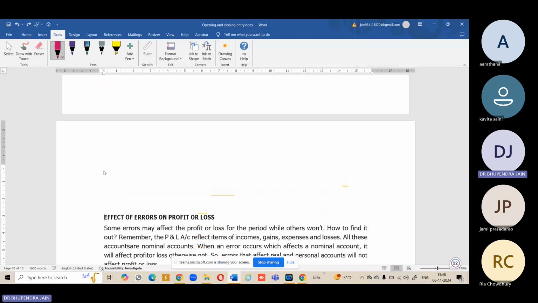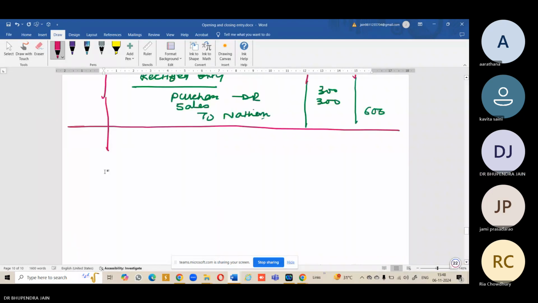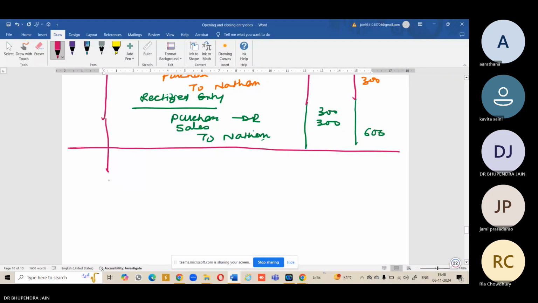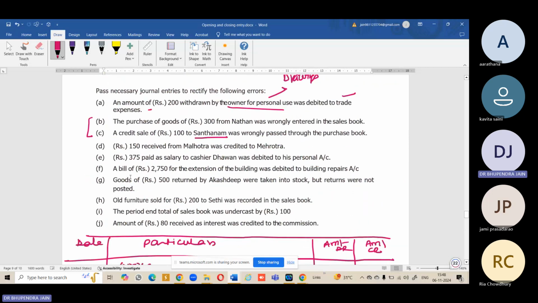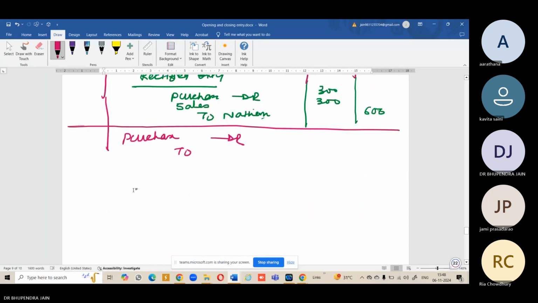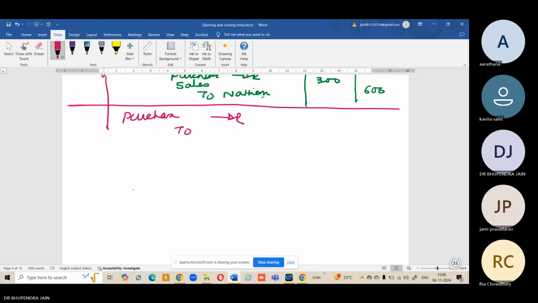So first बेटे write down the wrong entry. The wrong entry is the purchase account debit. How much amount is given in the question? Is rupees 100. 100. टू क्या लिखा है?